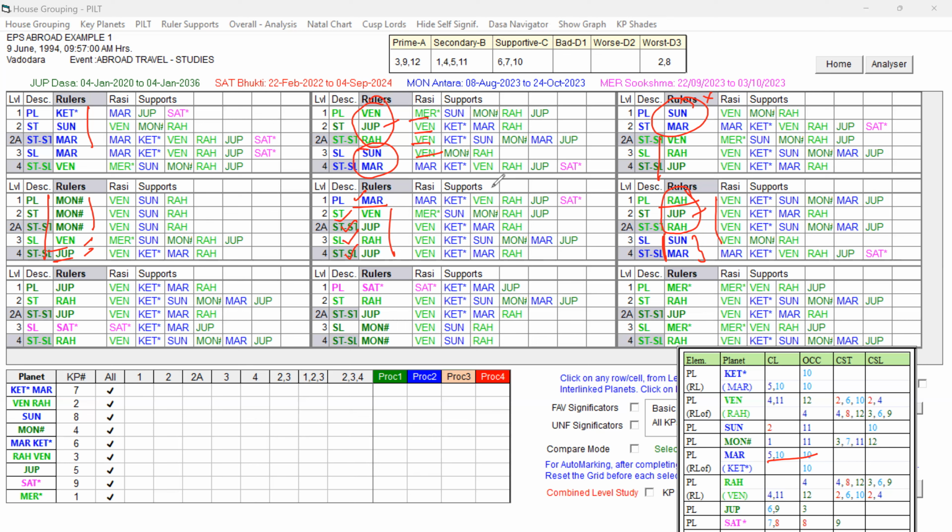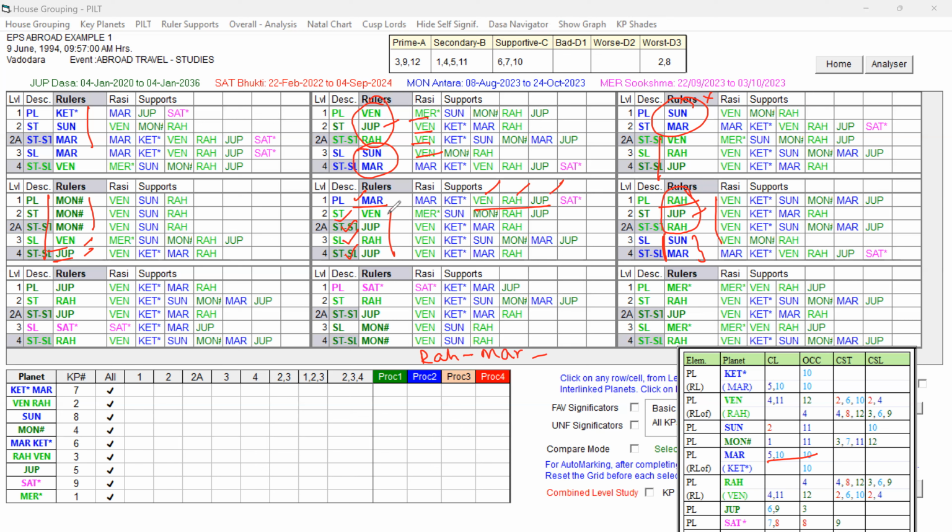Moreover, you can see Mars has Venus, Rahu, and Jupiter. All the key planets, the rulers, are forming a ruler link to Mars. So that way, Mars becomes stronger. So Rahu Dasa, Mars Bukti is stronger than Rahu Dasa, Moon Bukti. So she traveled abroad for UG during Rahu Dasa, Mars Bukti.